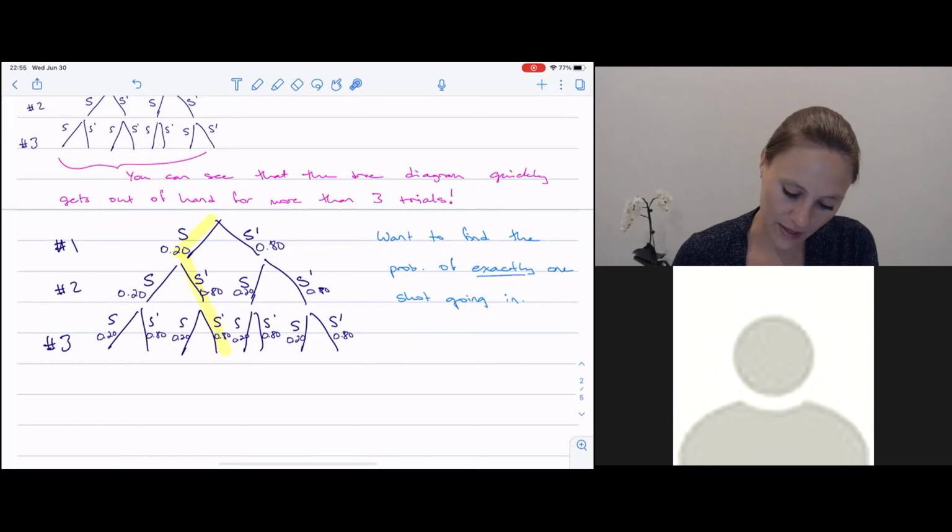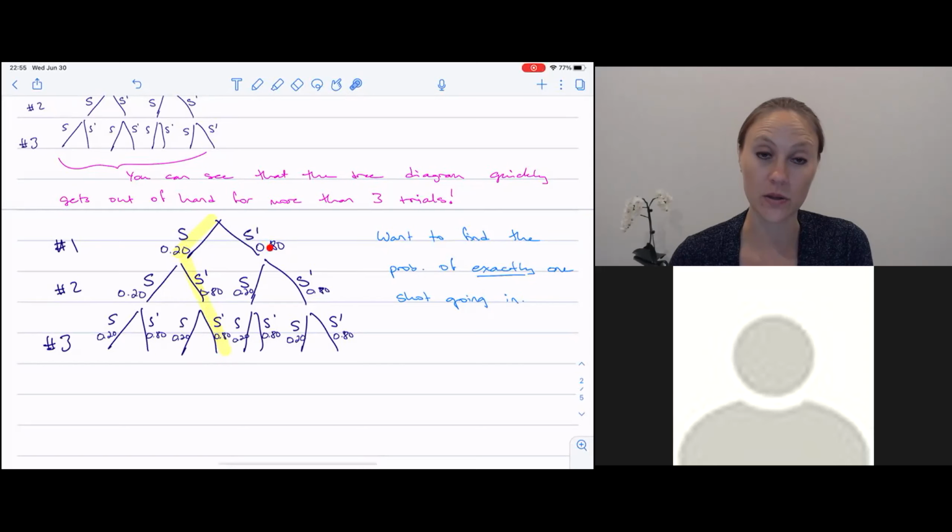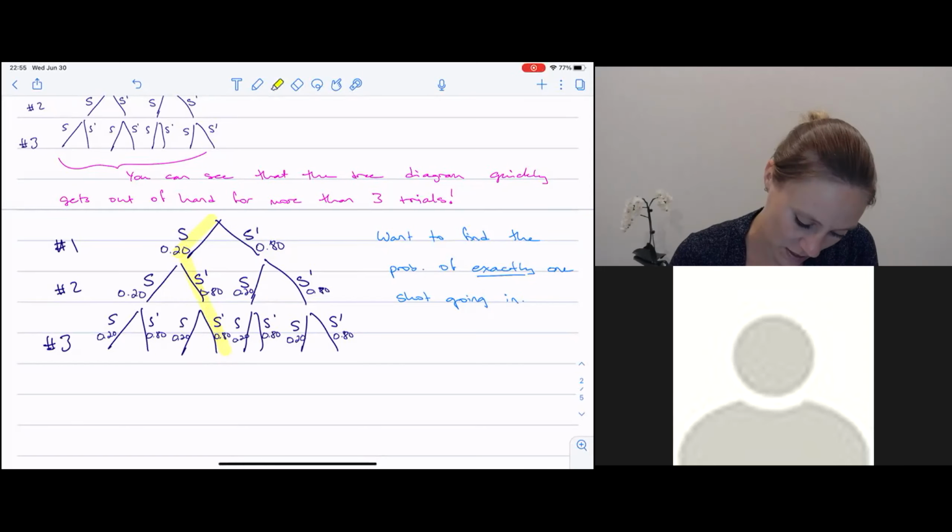Okay. And then if we head over to, okay, so the first one didn't go in. So then let's think about if the second shot goes in, well, then the third shot can't go in if it has to be exactly one, right?